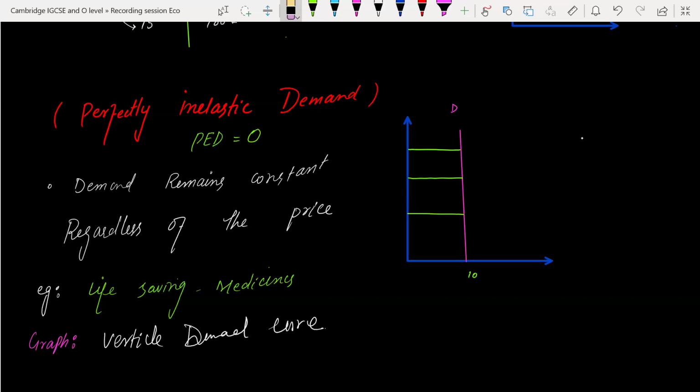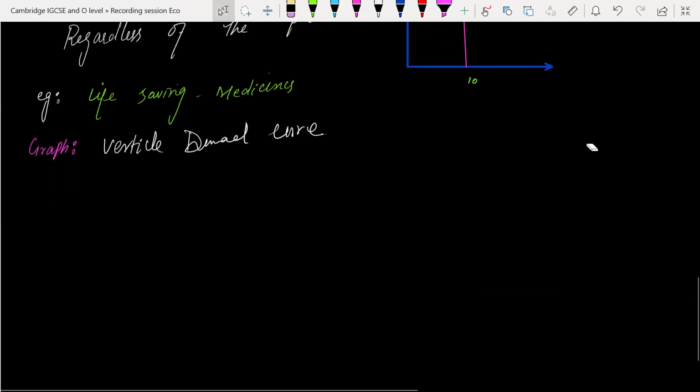So next we are discussing factors affecting price elasticity of demand.